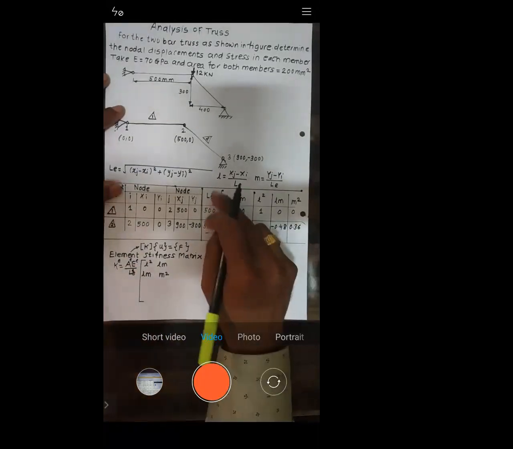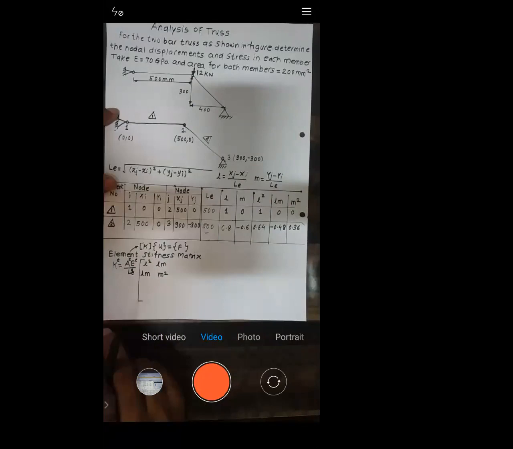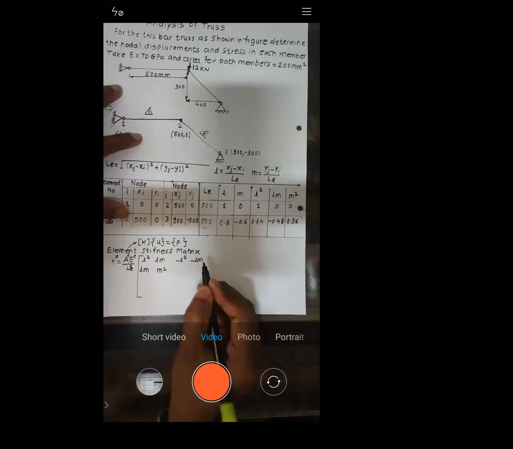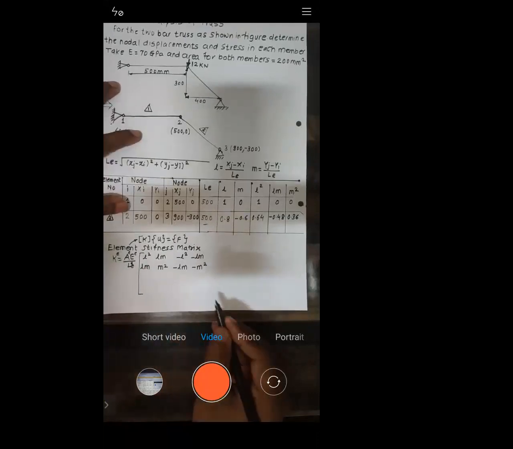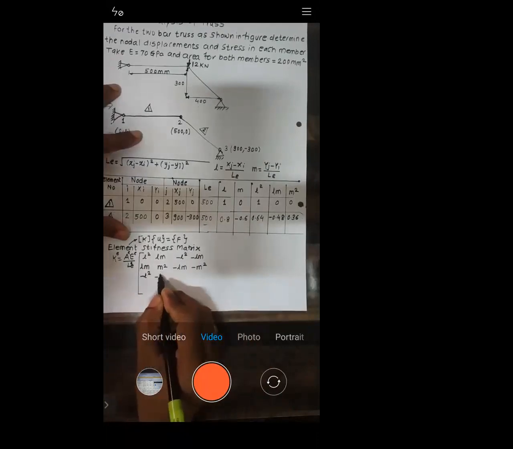So it's L square, LM, M square. A similar value you have on the other side, but with the negative sign: minus L square, minus LM, minus LM, minus M square. Again the same, minus L square, minus LM, minus M square.